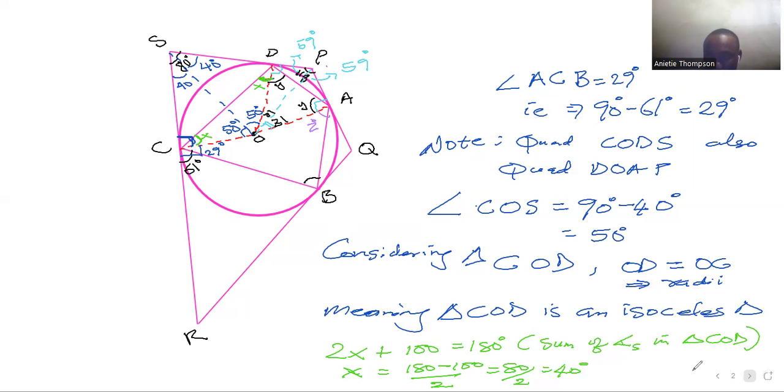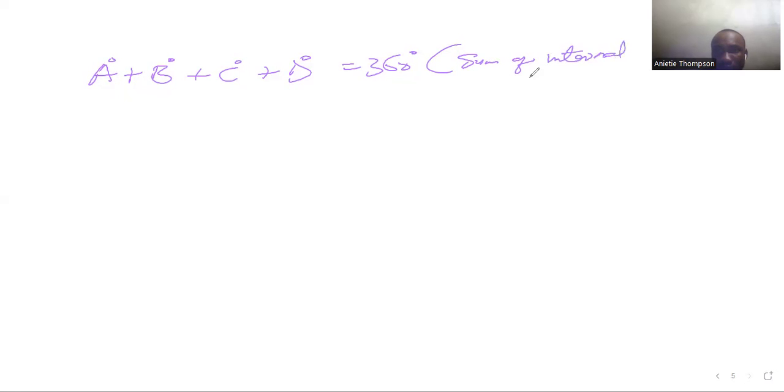So I will first write that. Angle A plus angle B plus angle C plus angle D equals 360 degrees, the sum of internal angles of a quad.